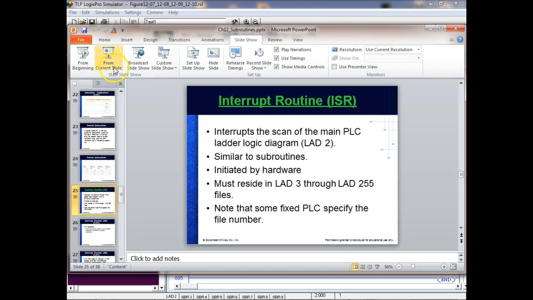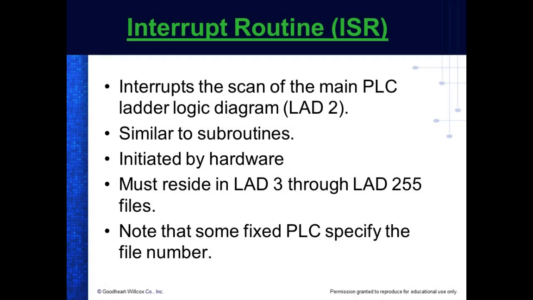Interrupts. These are subroutines, but these are initiated by what? Hardware. Y'all know hardware, right? So JSRs are initiated by software. You decide where those are at. The interrupts are initiated by hardware, right?